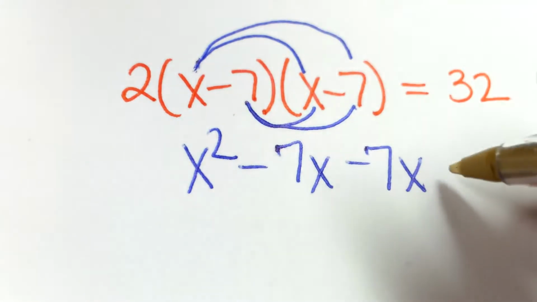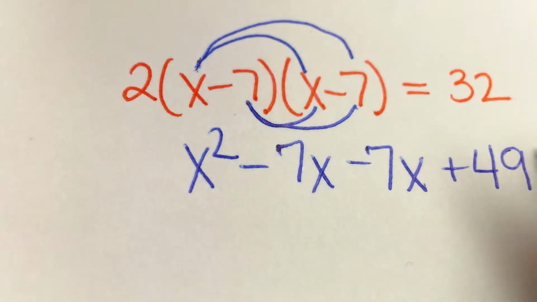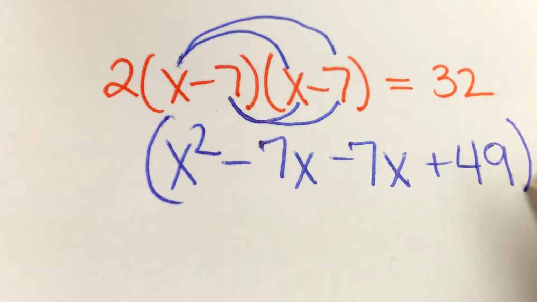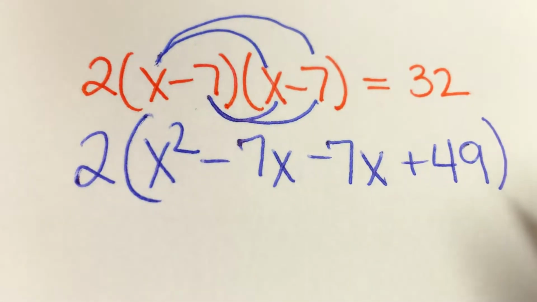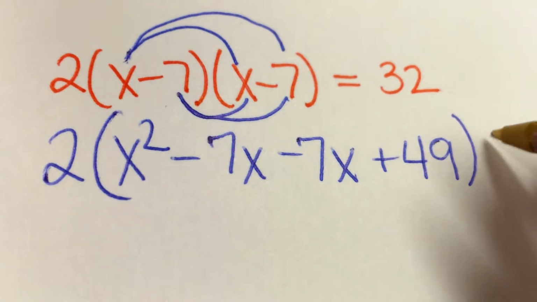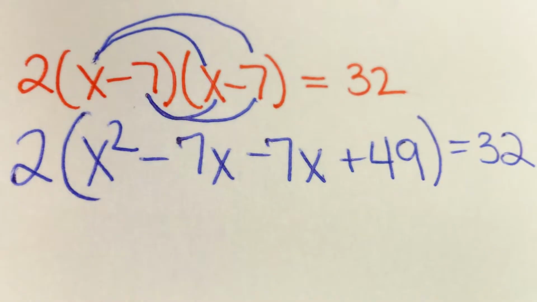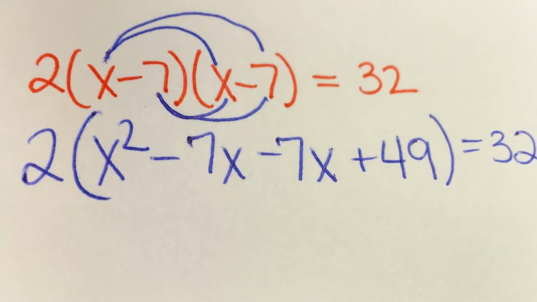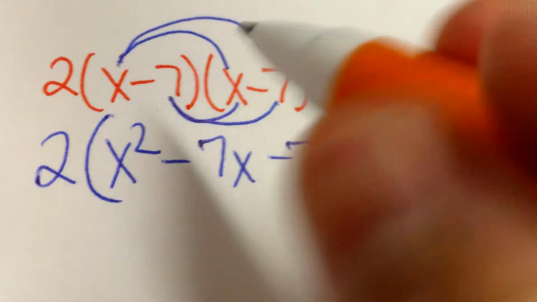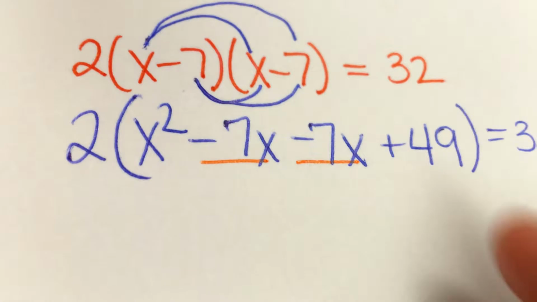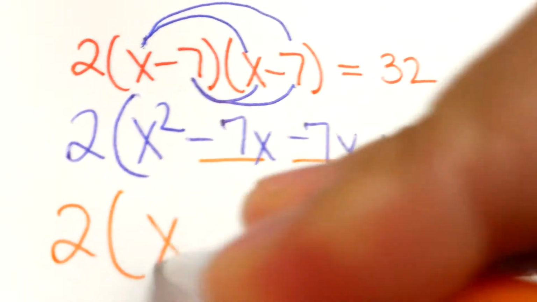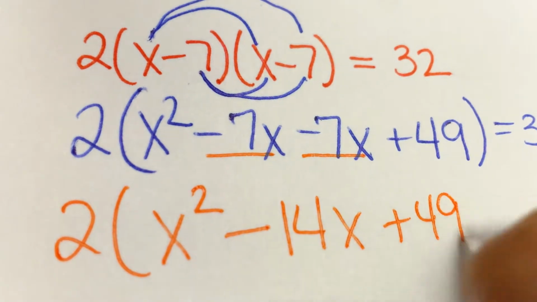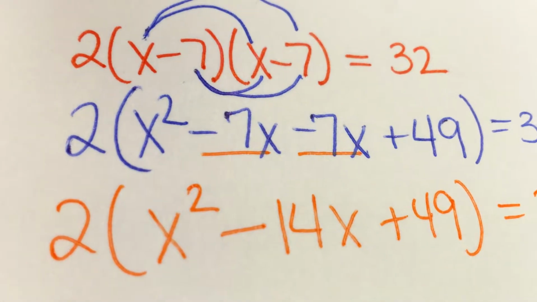Negative 7 times negative 7, positive 49. And this is inside the parentheses because we still have a 2 on the outside, equals 32. We combine like terms inside the parentheses. These two are like terms. So I have 2 times (x squared minus 14x plus 49) equals 32.